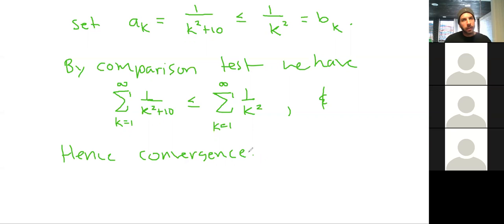I don't want to say 100% of the time, but in a class like this, it's going to be 90% of the time you're going to use a p-series. Not all the time, but very often. Does that make sense? It might not even be 10%. It might be less than that.